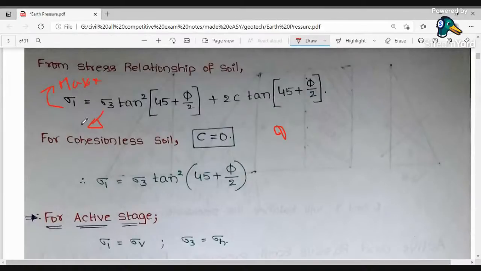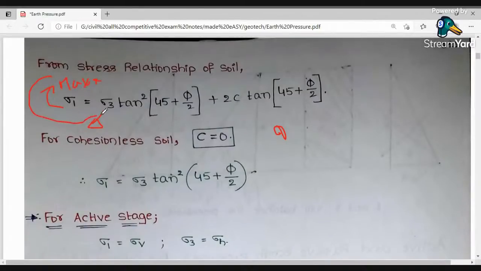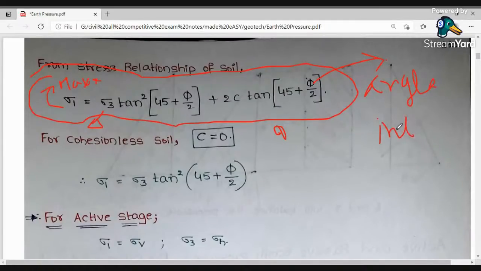If you study the Mohr-Coulomb failure chapter, you will get one relationship between the minor stress and major stress: sigma 1 is equal to, that is the major stress, is equal to sigma 3 tan squared (45 degree plus phi by 2) plus 2c tan (45 degree plus phi by 2), where phi is basically the angle of internal friction, and sigma 3 is basically the minor stress, and c is basically the cohesion, right?